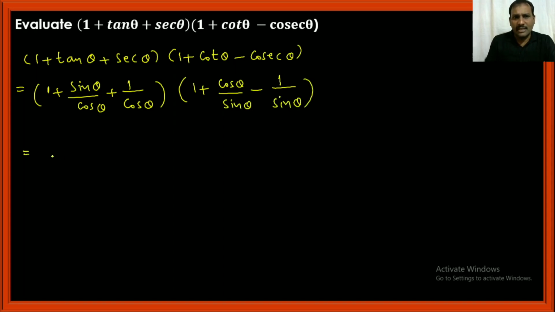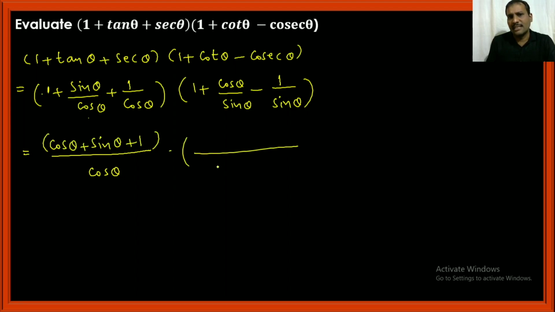Now let us take the LCM. So cos theta is the LCM. What is remaining here? Cos theta plus sin theta plus 1, into here LCM is sin theta. What you will get here? Sin theta plus cos theta minus 1.